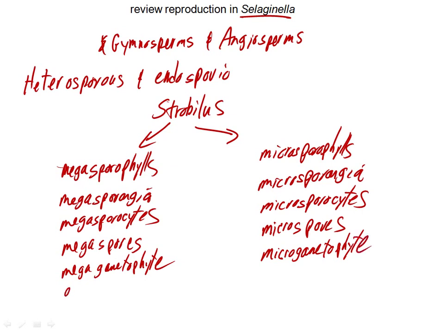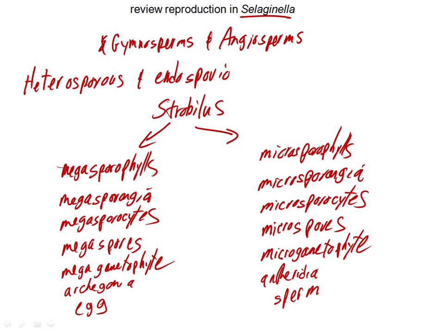Megagametophytes are going to have the archegonia, which are going to have the egg, and the microgametophyte has the antheridia, which have the sperm. That's all pretty standard. Shouldn't be any real surprises there. It's the same kind of structures we're going to find in the gymnosperms and the angiosperms. Morphology is going to be different, but the same structures are going to be there.